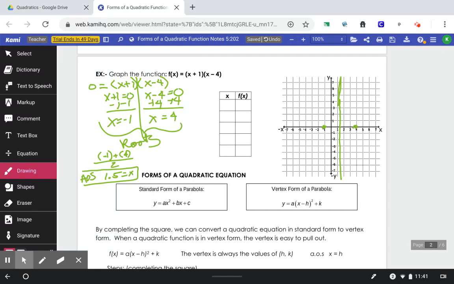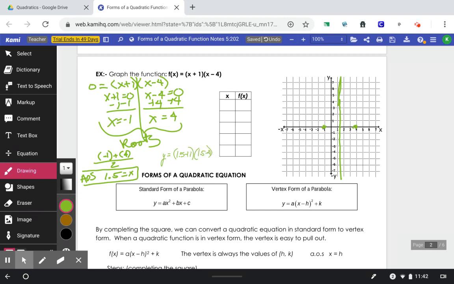Okay, since I know that my axis of symmetry is 1.5, I'm going to find my vertex. And I'm going to use the factored form to find my vertex. So I'm going to substitute in 1.5 plus 1 times 1.5 minus 4.